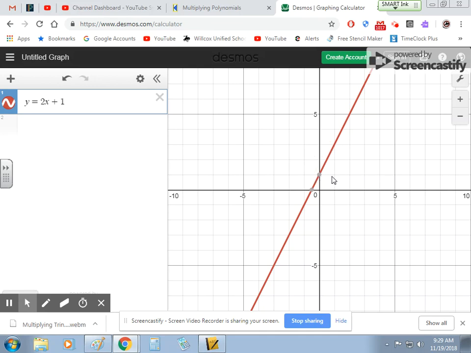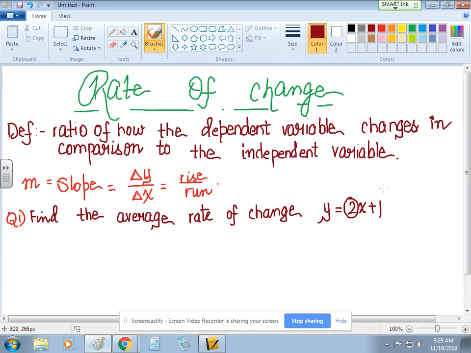Run, how much I am running, is 1. So 2 over 1, let us count again, 1, 2, divided by how much I am changing on x, which is 1. So 2 over 1 gives us the slope 2. Here you can also see the y-intercept is (0, 1), crossing at 1 on the y-axis. So let us go back to our work here.